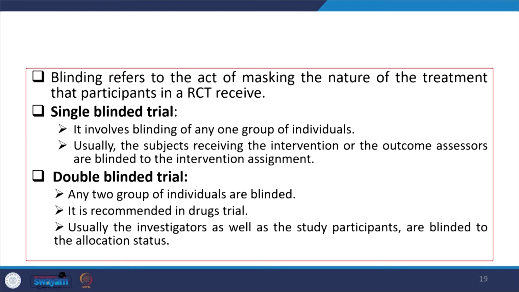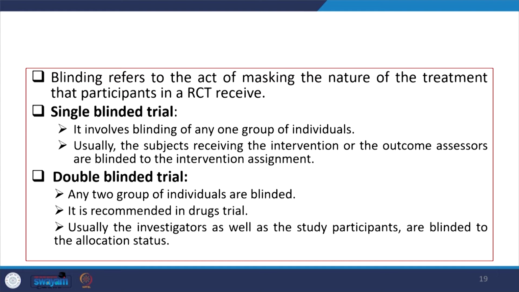Blinding refers to the act of masking the nature of treatment that participants in an RCT receive. A single blinded trial involves blinding of any one group of individuals. Usually the subjects receiving the intervention or the outcome assessors are blinded to the intervention assignment. That is basically called a single blinded trial, as compared to the double blinded trial.